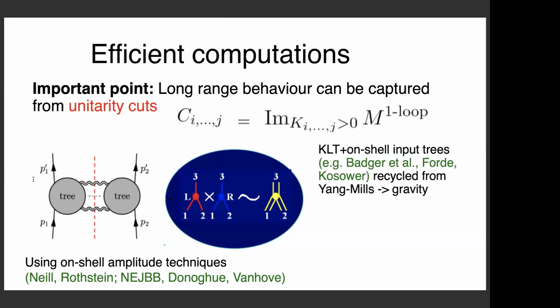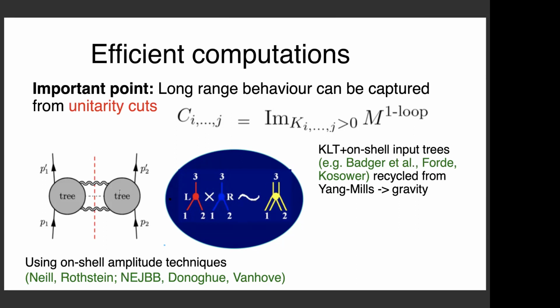Then we can use some tricks which come from work that has been done in Yang-Mills theory. Basically, if we consider string theory, we can see that Yang-Mills theory and gravity are related through a square. Basically, the 3-point amplitude squares always to gravity amplitudes.